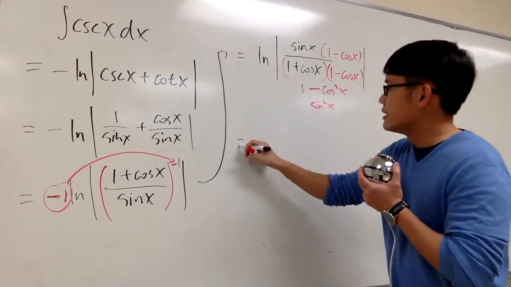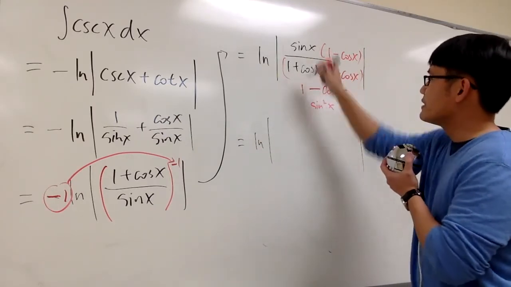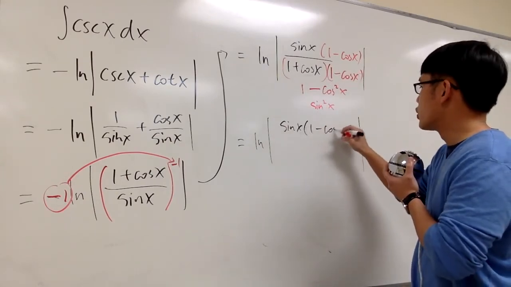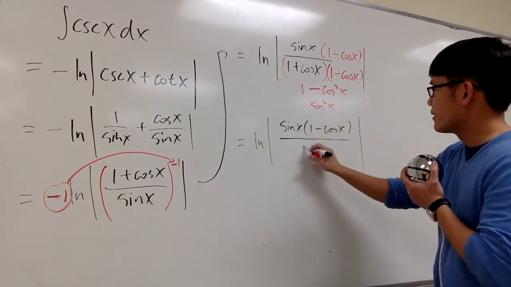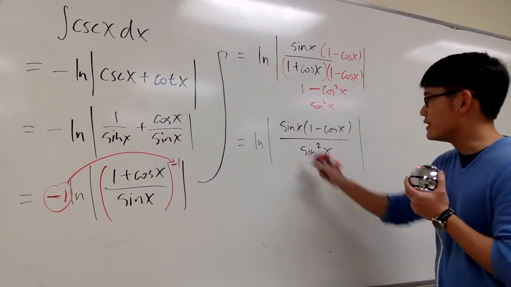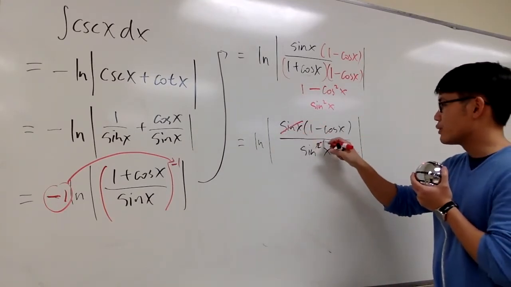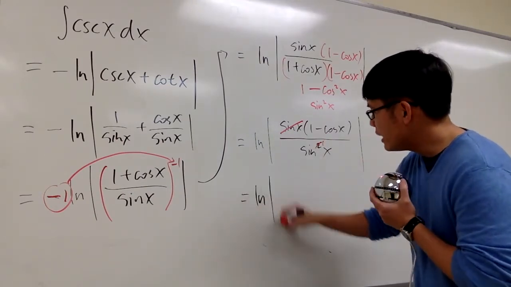And then what we're saying is this. This is the same as ln, absolute value. On the top, we have sine x times the parentheses 1 minus cosine x. And on the bottom, we have sine squared x. And take a look at this. We see that the sine x right here can be cancelled out with one of them on the bottom. So we have sine to the first on the bottom. And this right here is what? ln, absolute value.